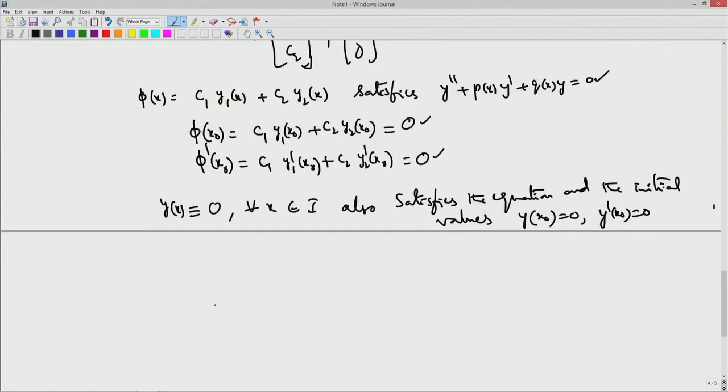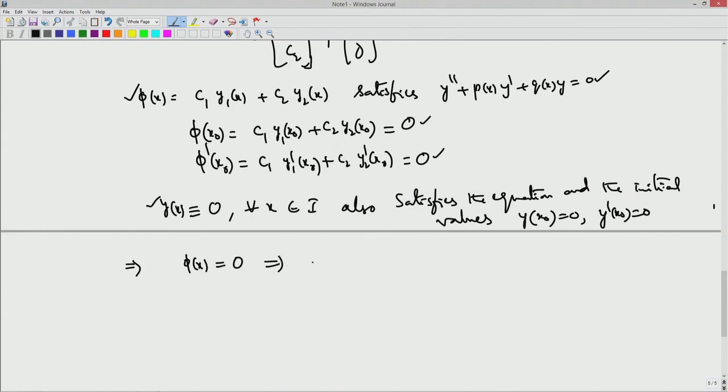So I have two such functions, phi and 0, both satisfying the initial value problem. By the uniqueness of the solution of the initial value problem, this phi x should be equal to 0.